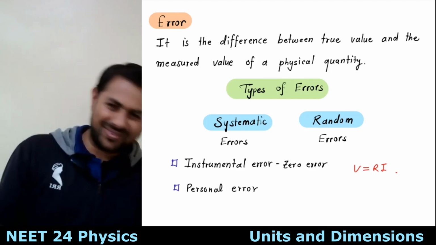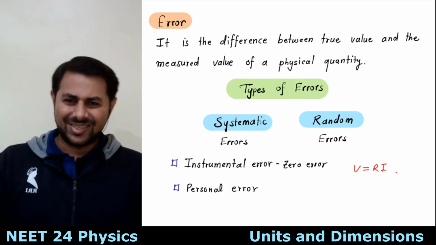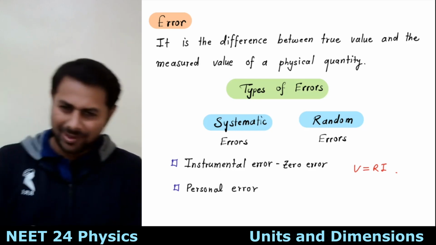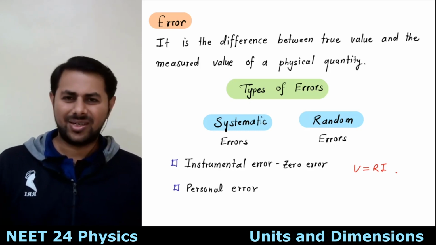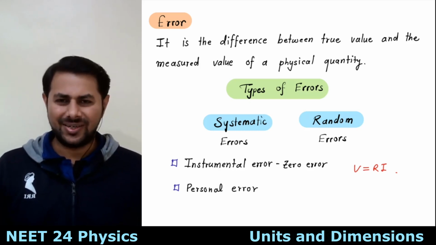This is the habit, right? Some people will see like this, some people will see from this side. So this is not the correct way to measure the length, right?